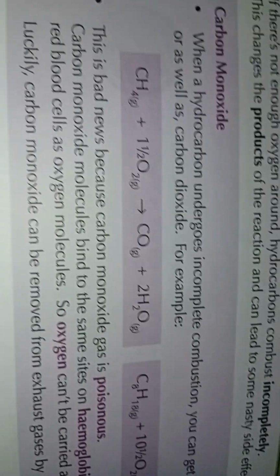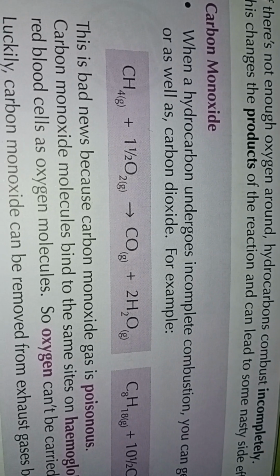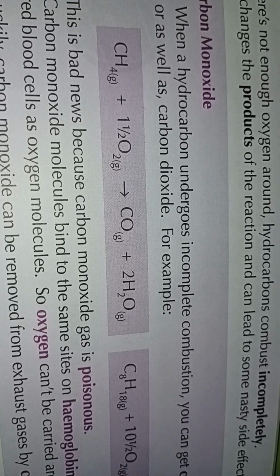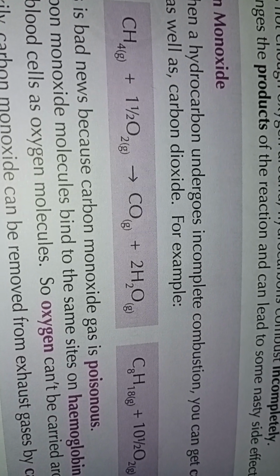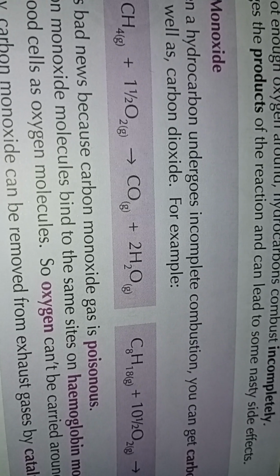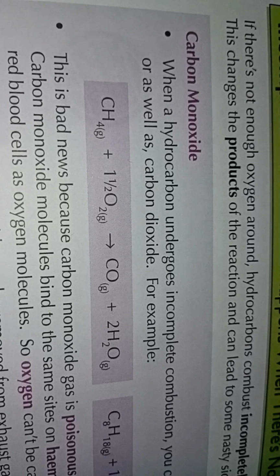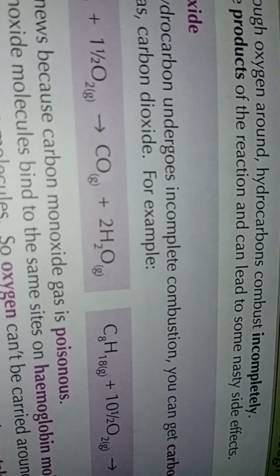For example, CH4(g) plus 1.5 O2(g) goes to CO(g), which is carbon monoxide, and 2H2O(g), well, that's water, so that's carbon monoxide. I'm not sure what the CH4 is, but 1.5 oxygen.